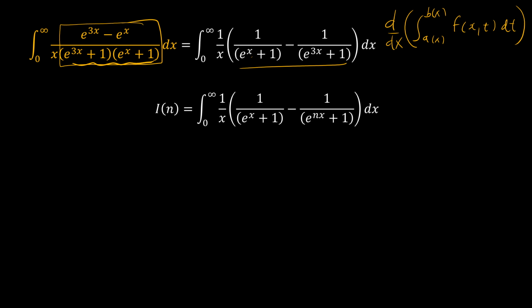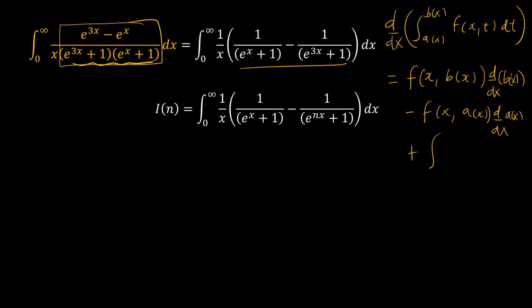If you're differentiating in the x domain, then that is the same as substituting b(x) in t and differentiating b(x), minus f(x, a(x)) differentiating the lower limit, plus the same integral, same limits, but now we're trying to get the partial derivative with respect to x of f(x, t).